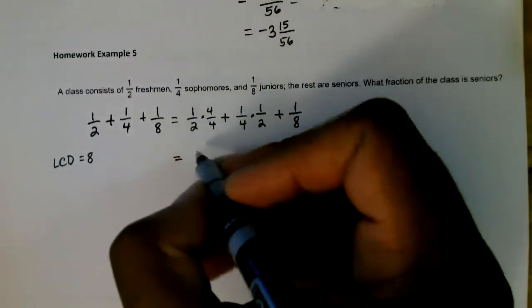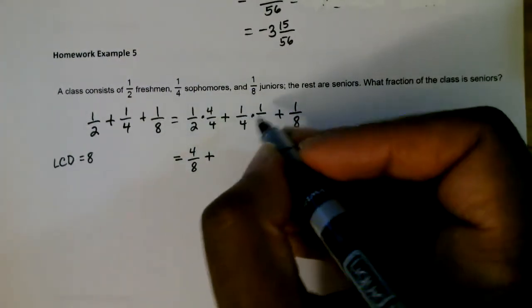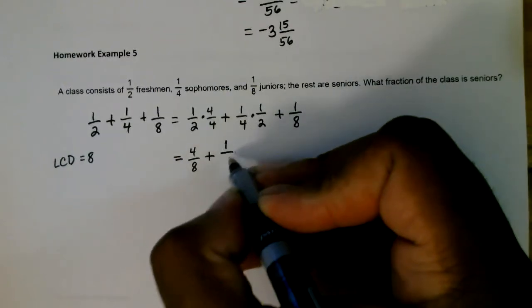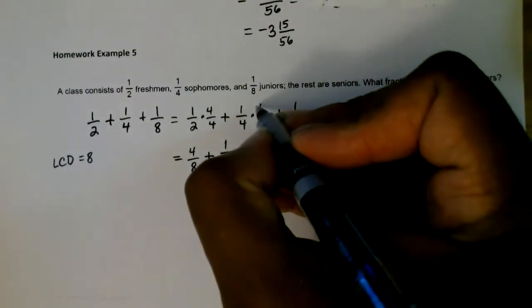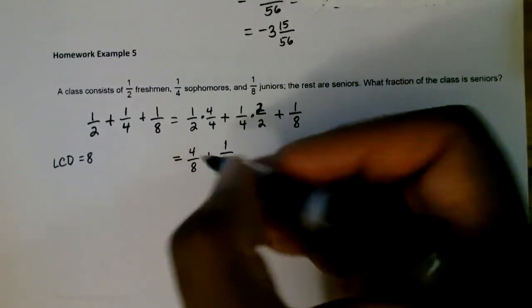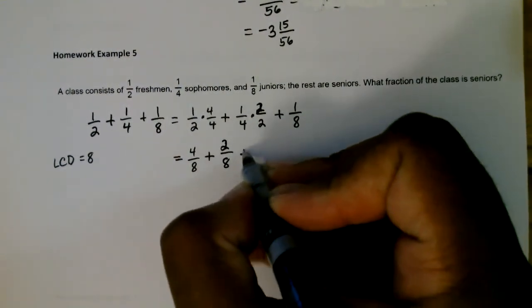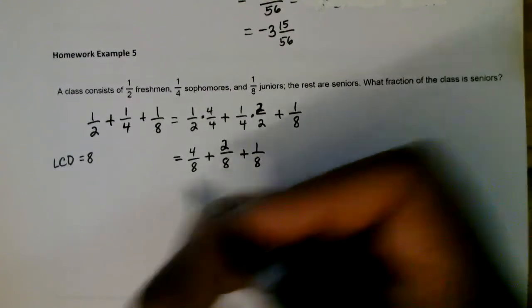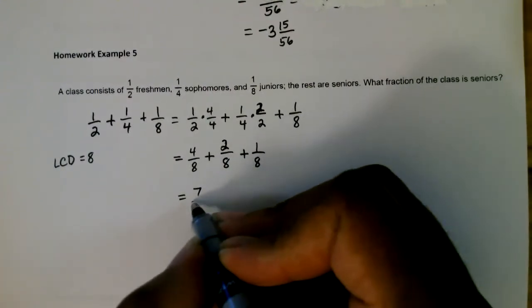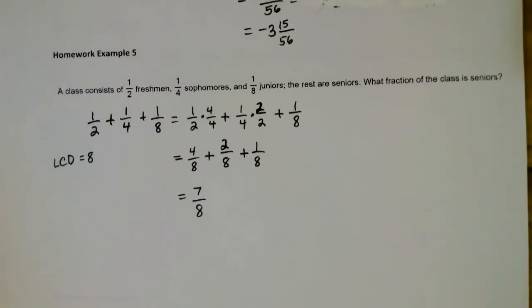So 1/2 times 4 over 4 will be 4 over 8. Plus 1/4 times, I'm sorry, this should be 2 over 2. Numerator and the denominator need to be multiplied by 2. So this will be 2 over 8 plus 1 over 8. And that will give us 7 over 8. 4 plus 2 plus 1, that will be 7 over 8.